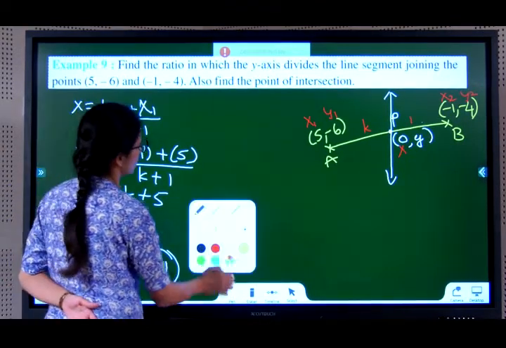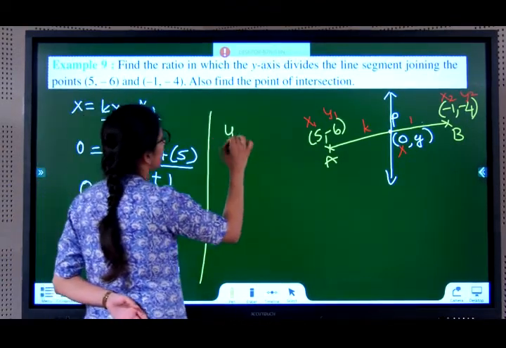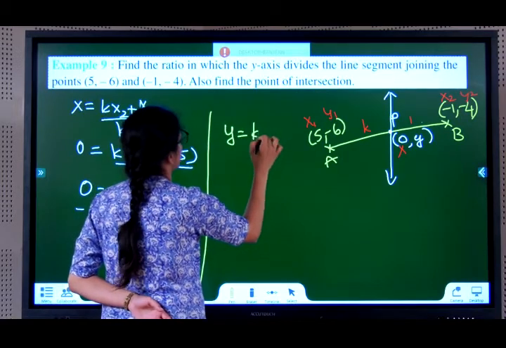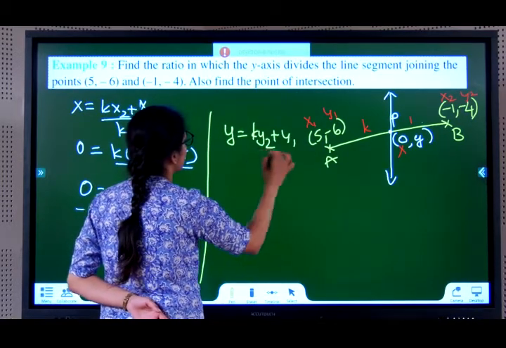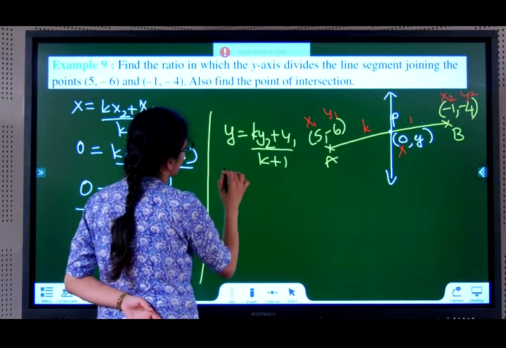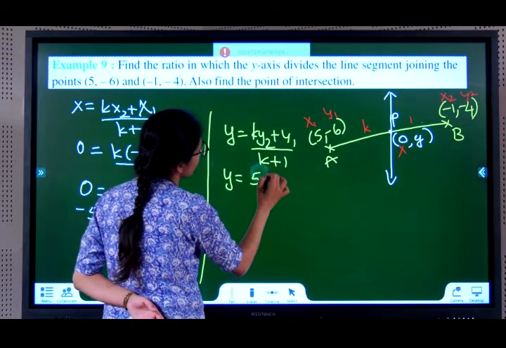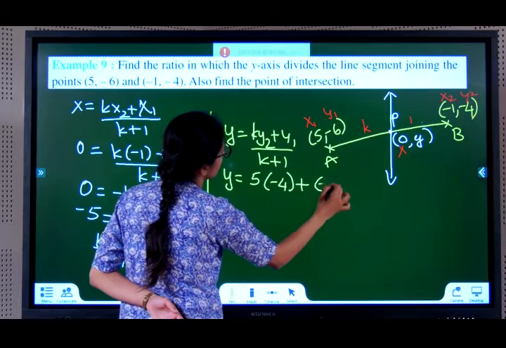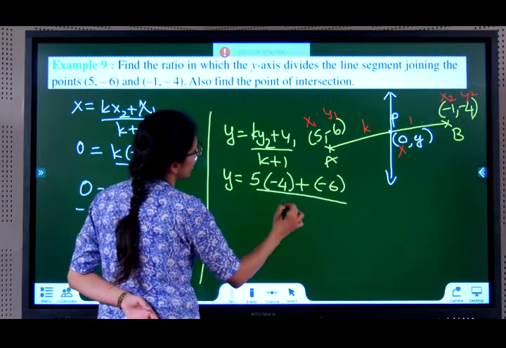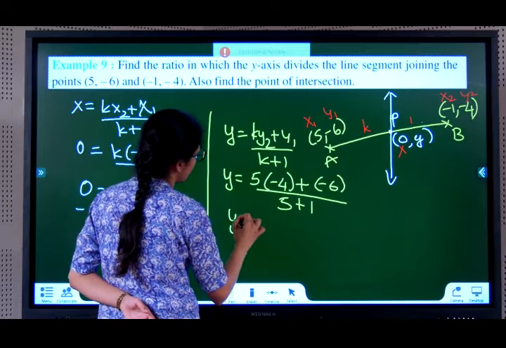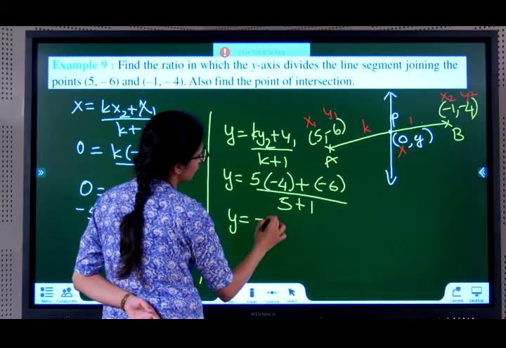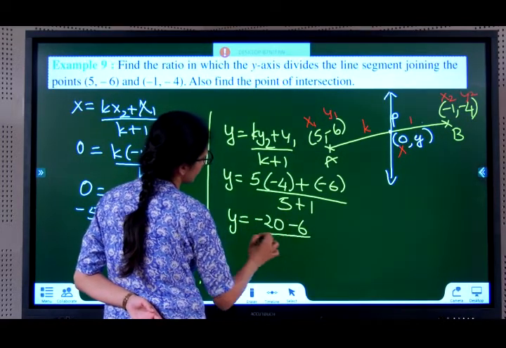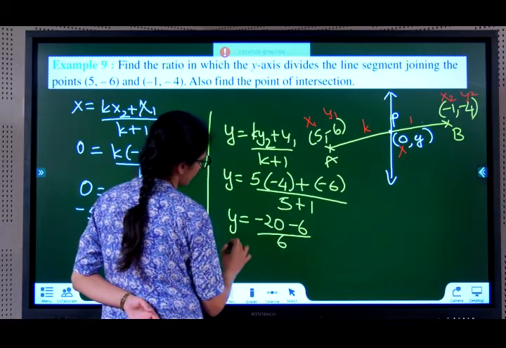So now to find y, you can again continue using the k formula. K y2 plus y1 by k plus 1. Y is equal to 5 into y2, y2 is minus 4, plus y1 minus 6, divided by 5 plus 1. Y is equal to 5 into minus 4, minus 20 minus 6, divided by 6.